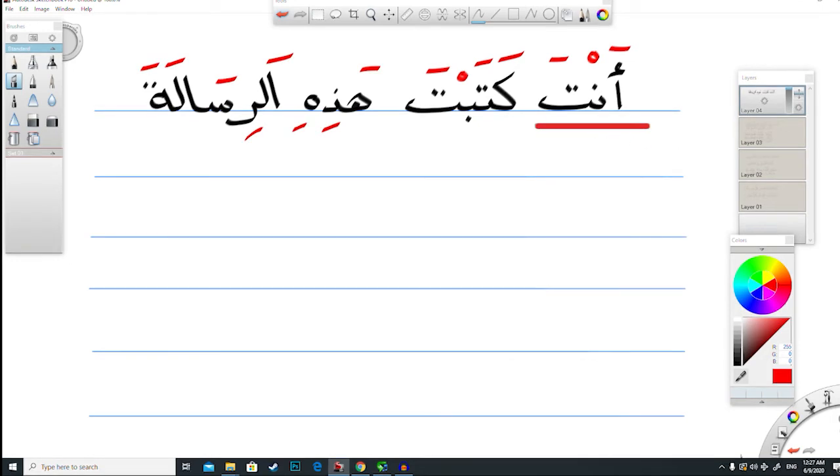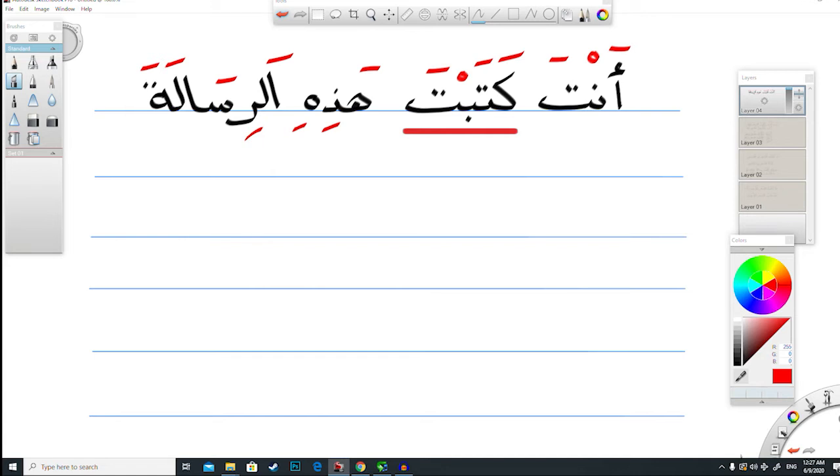Anta, as you know, this is "you" for singular masculine. كتبت, you wrote. هذه, this. الرسالة, message. You wrote this message. كتبت is the past form for the singular masculine, for the one who is being addressed, for the second person.